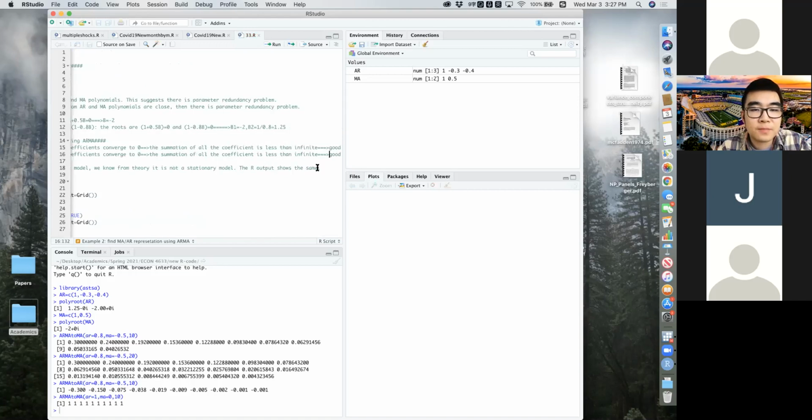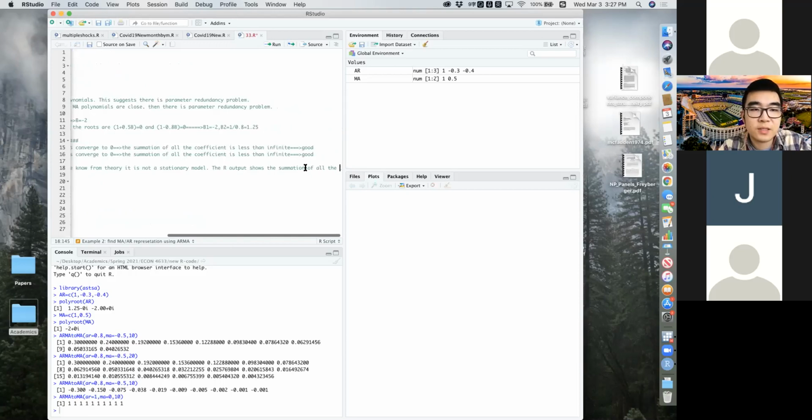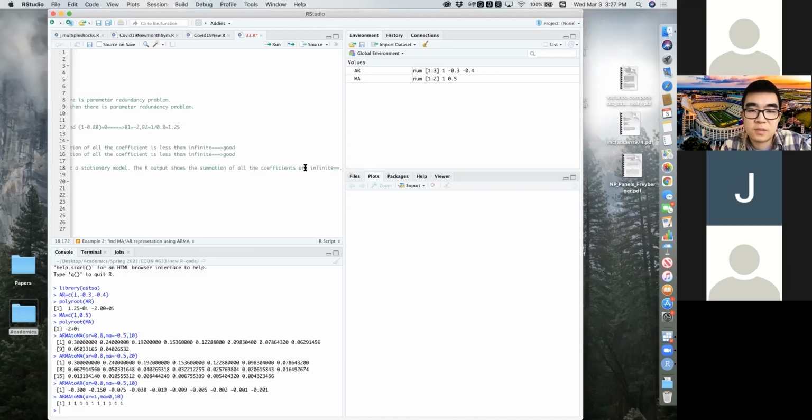The output shows the summation of all the coefficients is infinite. So this implies not causal, not stationary.